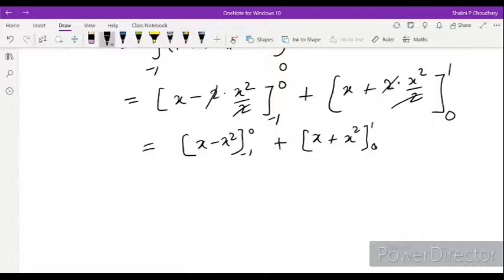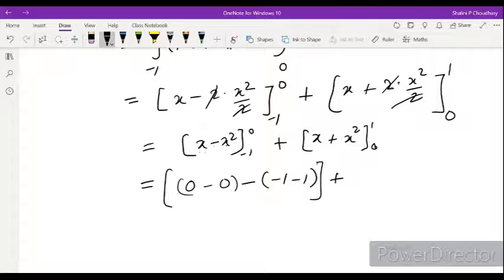Okay. So now putting the value 0 here, both values will be 0. Minus, putting -1: this will be -1, and minus 1 squared will be 1. Plus, now for this one, we put x equal to 1. We'll get 1 plus 1 squared, which is 1, minus, now we put 0: x value will be 0, so 0 plus 0 squared is 0.